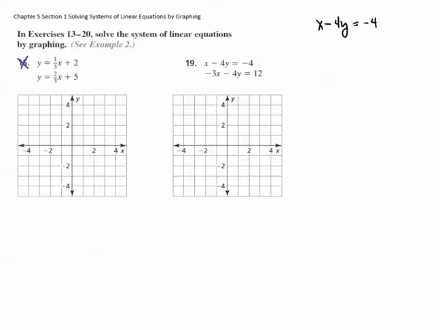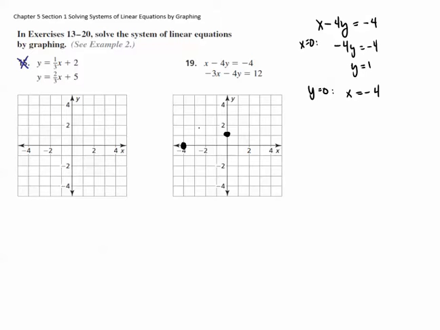Set x equal to 0 and I get negative 4y is equal to negative 4, or y is equal to 1. When x is 0, y is 1. Then we'll go on to set y equal to 0. When y is 0, we have the equation x is equal to negative 4. So when y is 0, x is equal to negative 4.